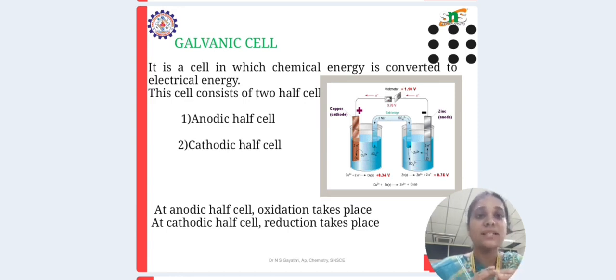Here in the galvanic cell the anode is zinc and the cathode is copper. We have taken two compartments, the anodic compartment and the cathodic compartment. In the anodic compartment the electrode is zinc, dipped in the electrolytic solution zinc sulphate. In the cathodic compartment the electrode is copper, dipped in copper sulphate.